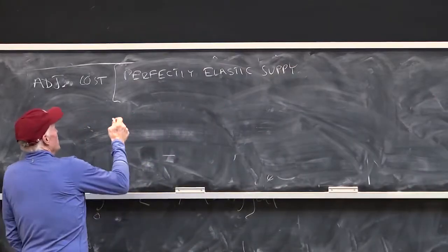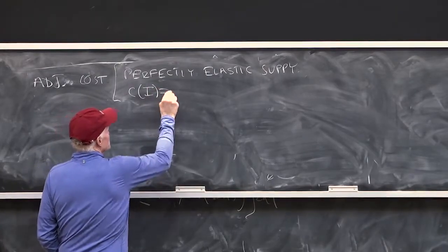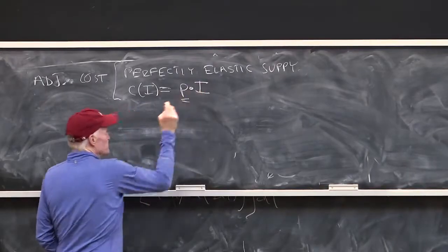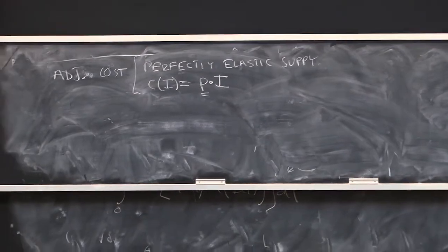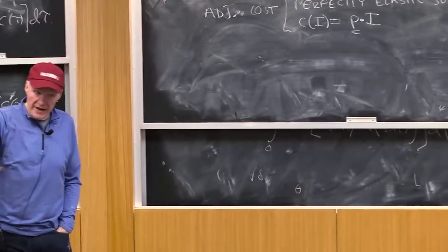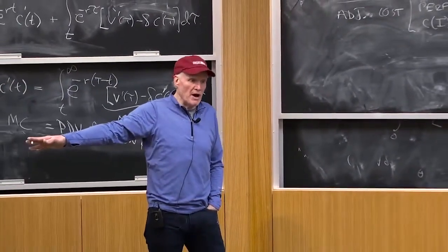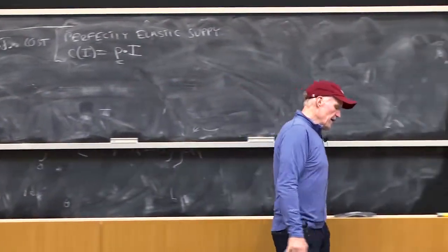So the cost of any amount of investment I is just going to be P times I, where P is just the price of buying a unit of capital. So you can buy as much capital as you want at a fixed price P. Everybody understands that there's no upward sloping supply here, right? This is a horizontal supply curve of capital investment at price P. That is, the guys with the hammers are willing to build as much capital as you want, as fast as you want, at price P.